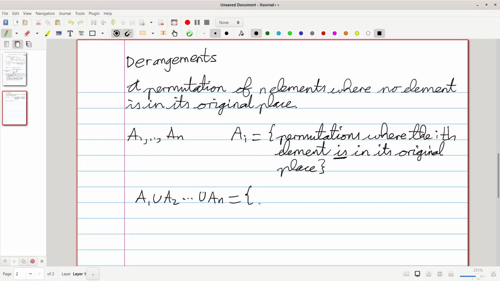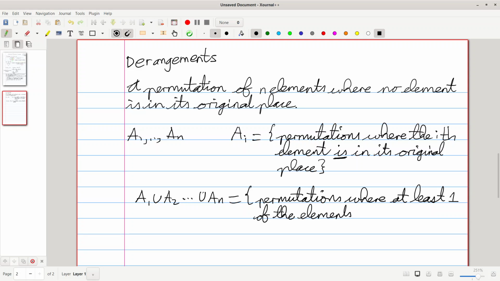So the union would be the set of permutations where at least one of the elements is in its original place.